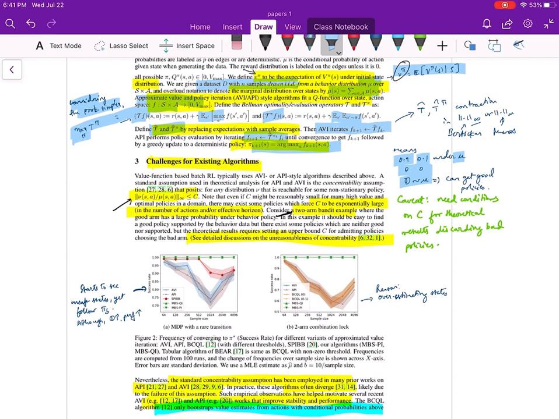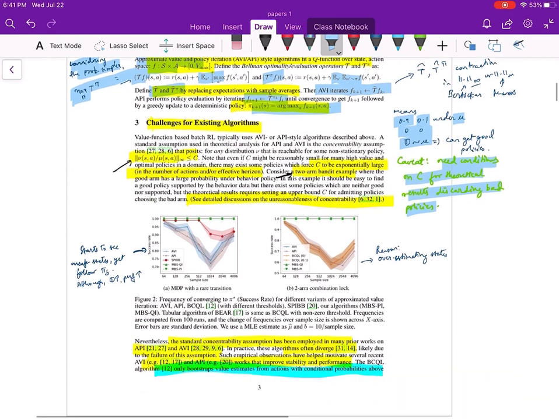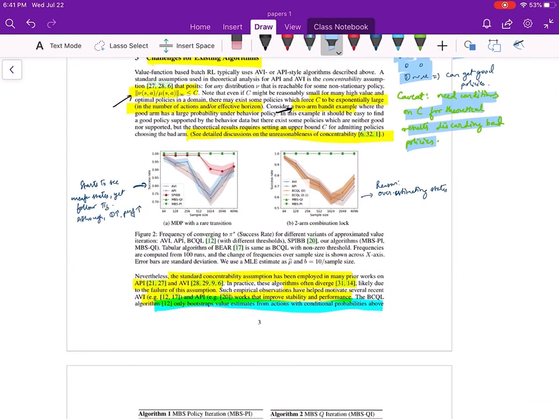The caveat is that we need conditions on C for theoretical results, discarding bad policies. So let's go ahead with the text and then come back to these figures.